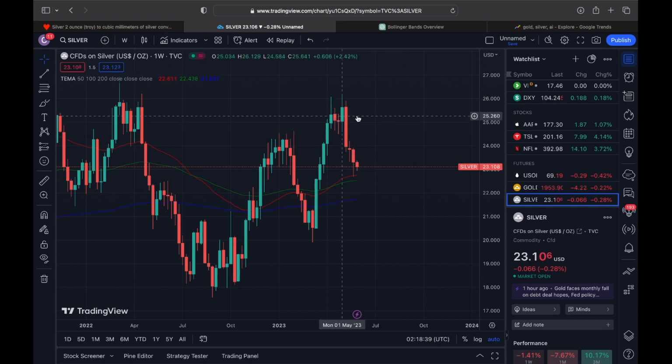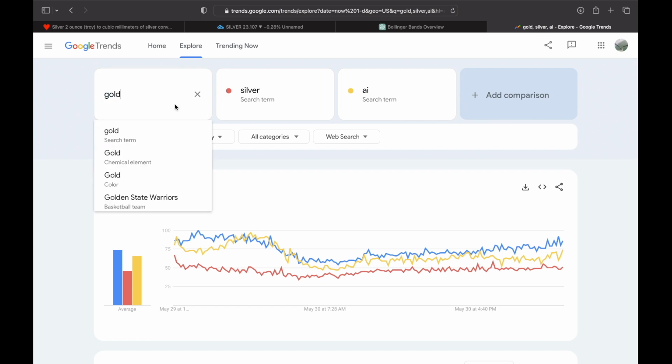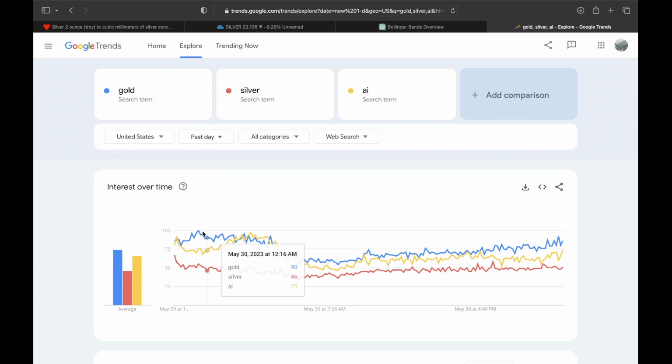The market euphoria also can be seen here with the Google Trends that I have here, the blue line being gold, the silver being orange, and then I also threw in AI because it's kind of right there in the middle. I was actually surprised to see that gold was more trending than AI, believe it or not. So that is somewhat of an indicator here.